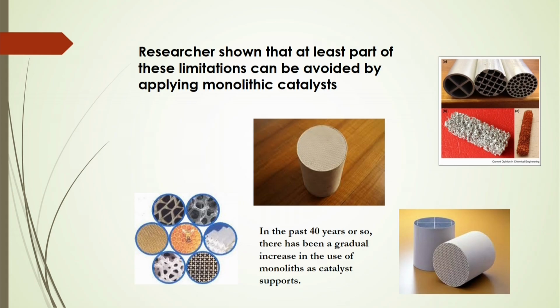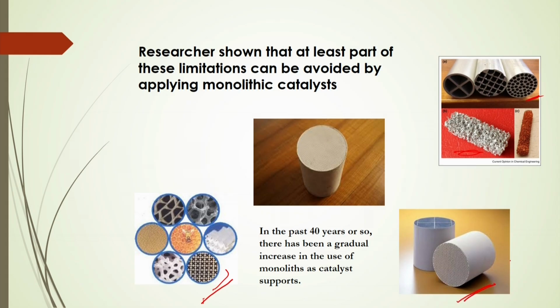There are several different types of monolithic structures. In the past 40 years or so, there has been a gradual increase in the use of monoliths as catalyst supports. Sometimes they are honeycomb structures, sometimes foam structures, and sometimes rod structures, in which the monolithic structure will be inside the rod.